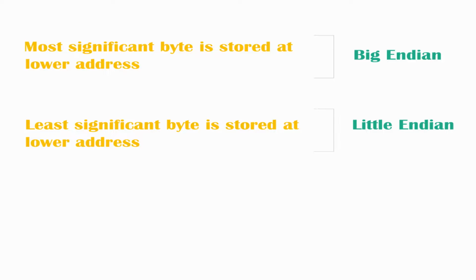You might be wondering what's the most or least significant byte. Let's say we have this hexadecimal number 0x038A. In fact, this is the hexadecimal code for the decimal number 1000. The first 2 digits give us 1 byte, and the other 2 give us another byte.